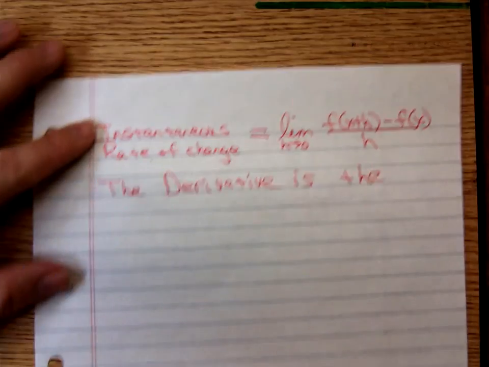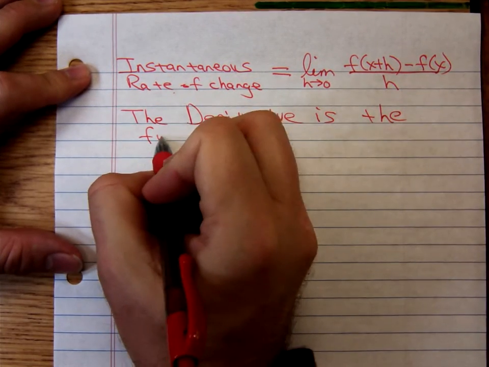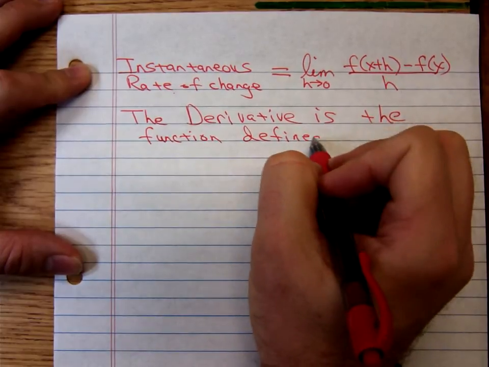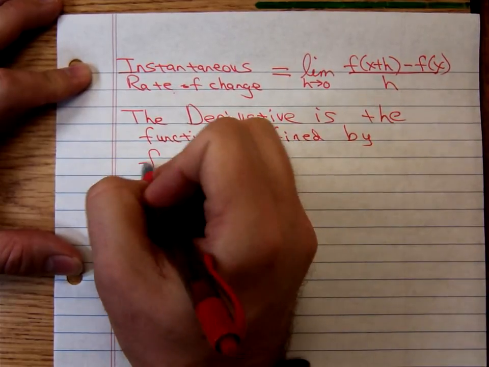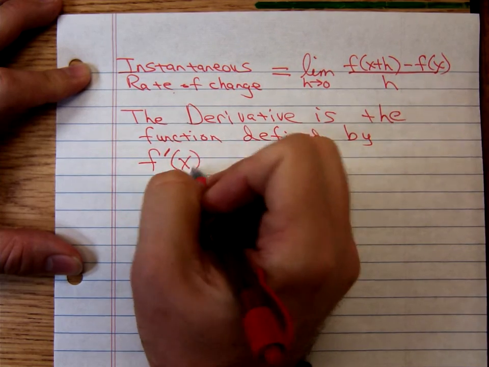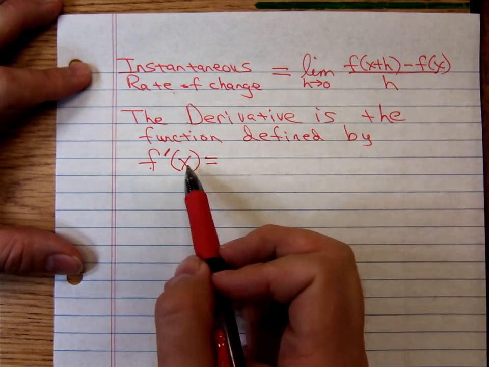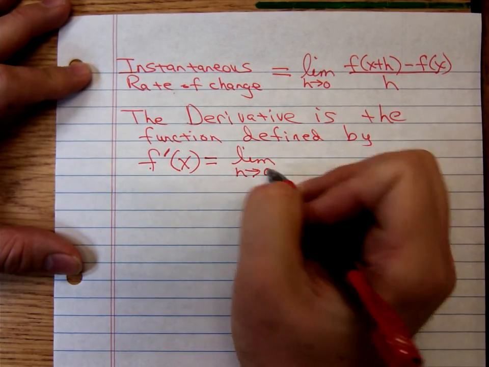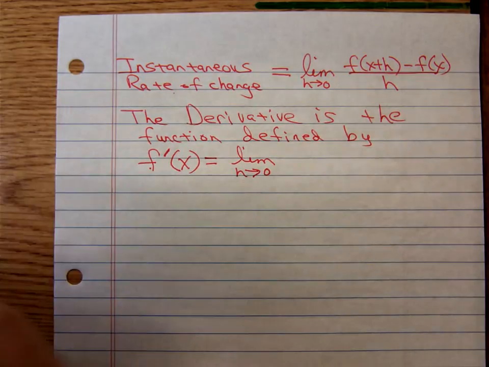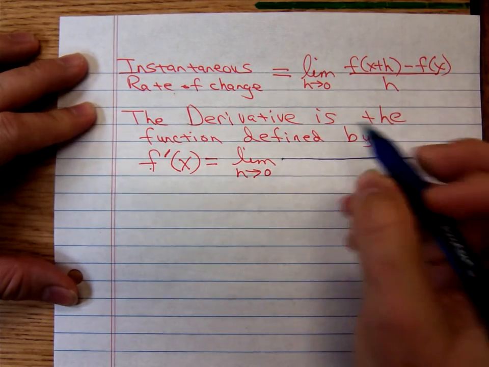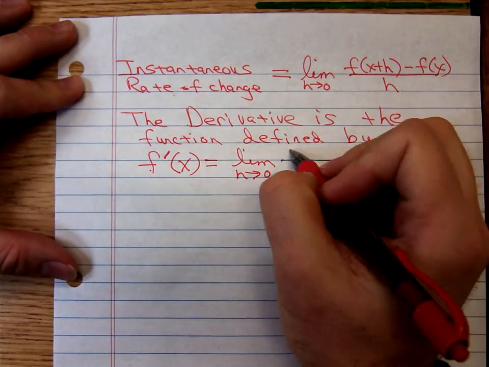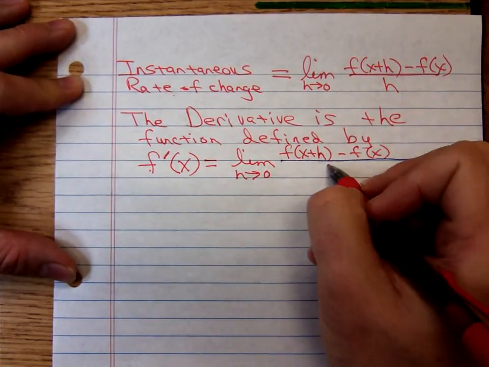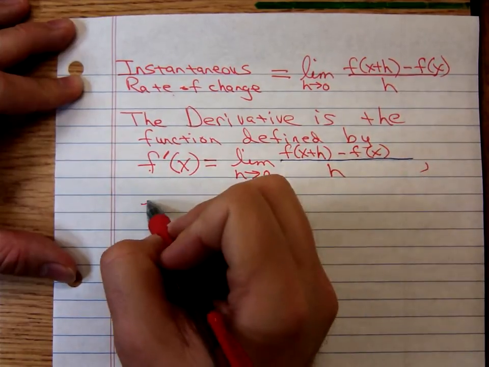Let me write that. The derivative is the function defined by f, notice this notation, f prime of x. That little accent mark, you're going to be seeing a lot of that in this course. So, the limit as h goes to 0 of f of x plus h minus f of x, all divided by h, if this limit exists.